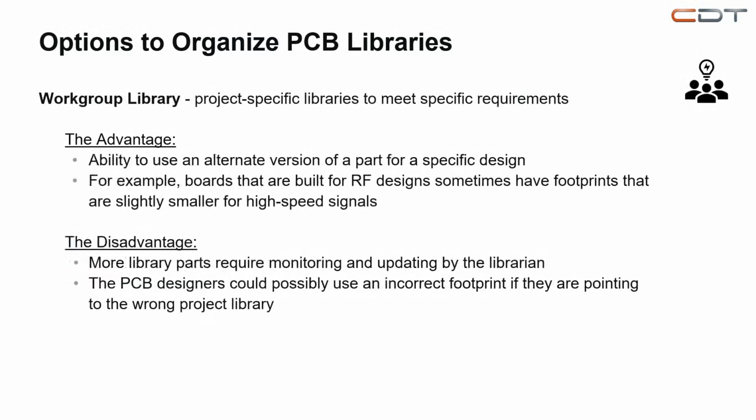There is also the workgroup library. These are project-specific libraries that meet specific requirements. The advantage is the ability to use an alternate version of a part for a specific design.